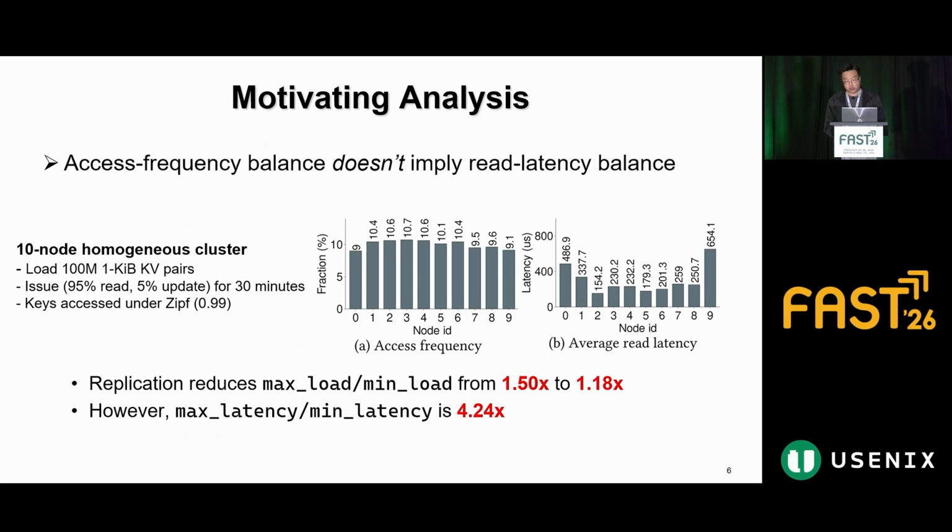However, if we look into the latency, if we divide the maximum latency by the minimum latency, actually it could go to 4.24 times, which means that the latency actually fluctuates a lot, even with a very simple toy example, even if we deploy the load balancing strategy.